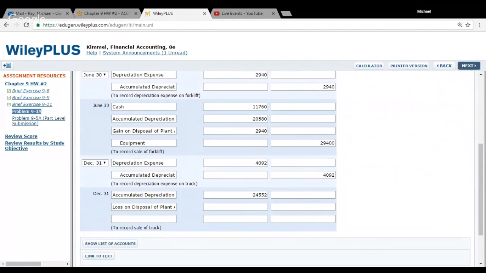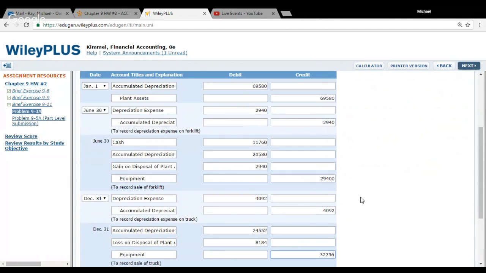That'll give us 8,184, which is what we're taking as a loss on disposing of this truck. And we're going to credit the equipment account for the full cost of the truck to balance out the sheet here, 32,736. And so these two numbers add up to equal this number.